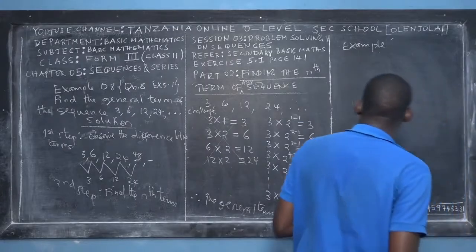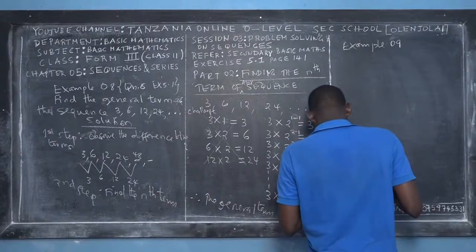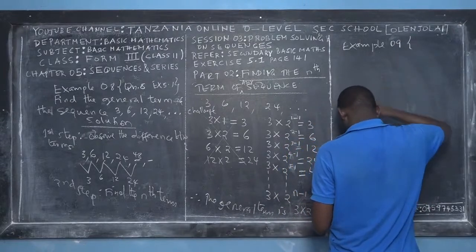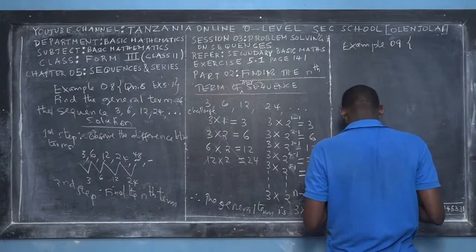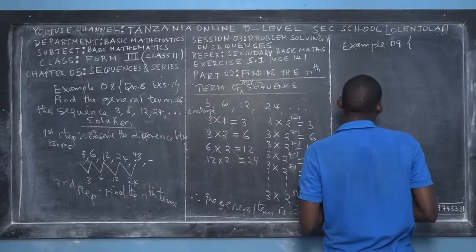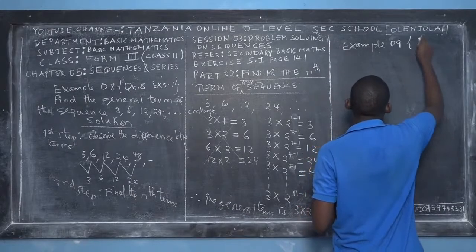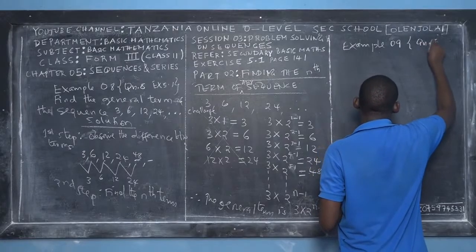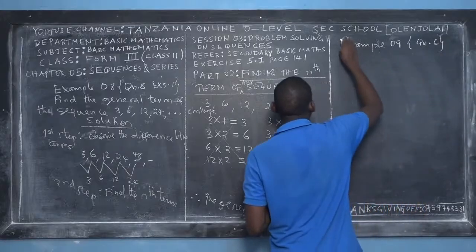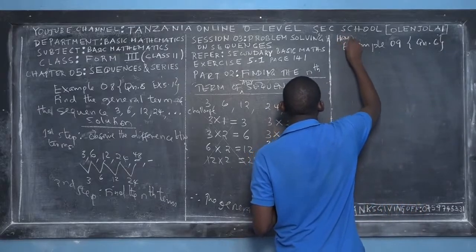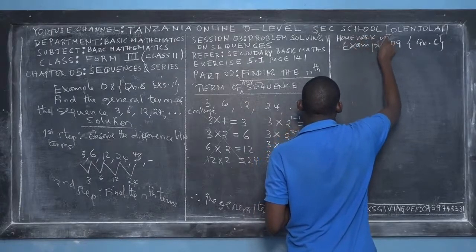I took this example 9 from exercise 4.5.1 of Secondary Based Mathematics Book 3, as question number 6. If you have the book, you can check question number 6. So this will be homework 3B.